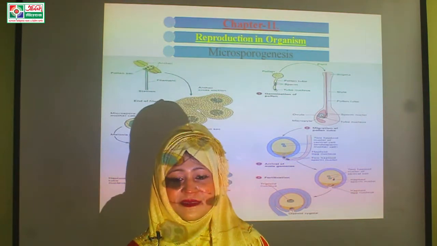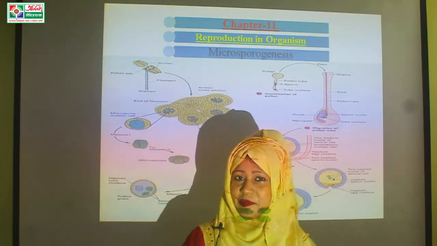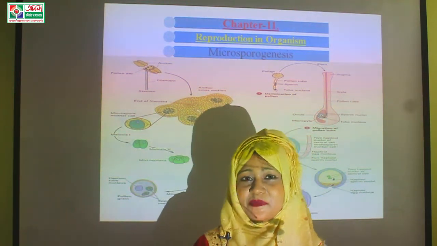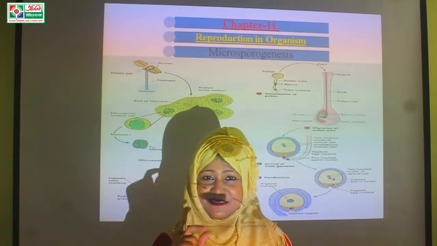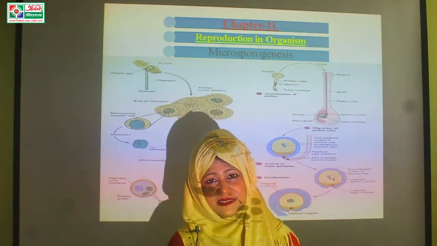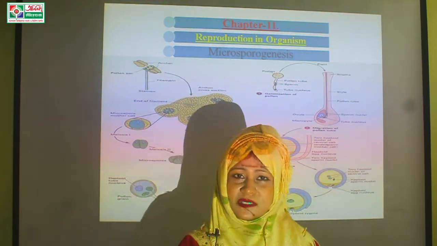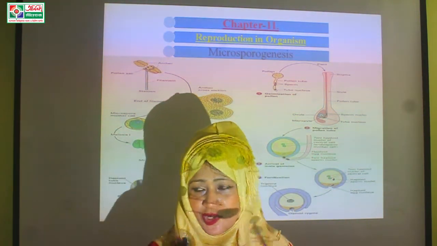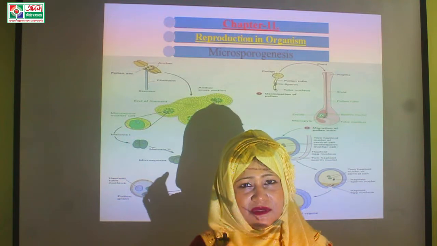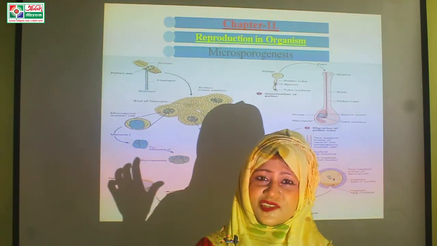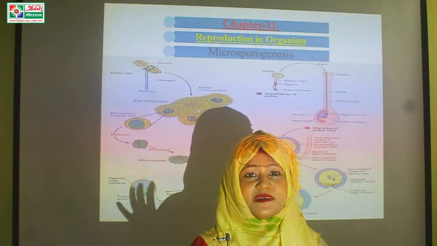Microspore means the male gametes and genesis means development. So, the development of male gametes is known as Microsporogenesis. Before going to the main topic, we should know some details about the structure of a typical flower.